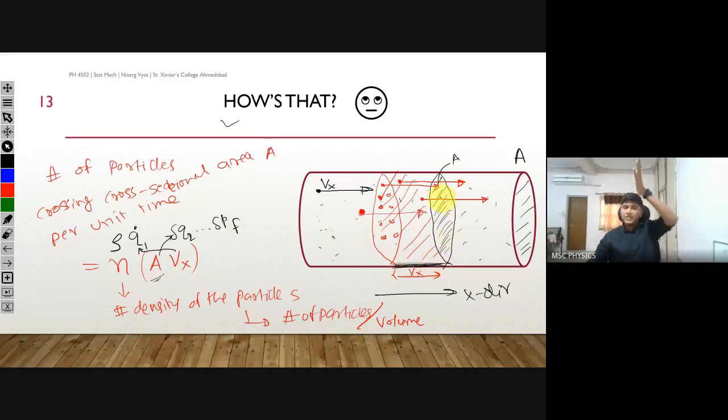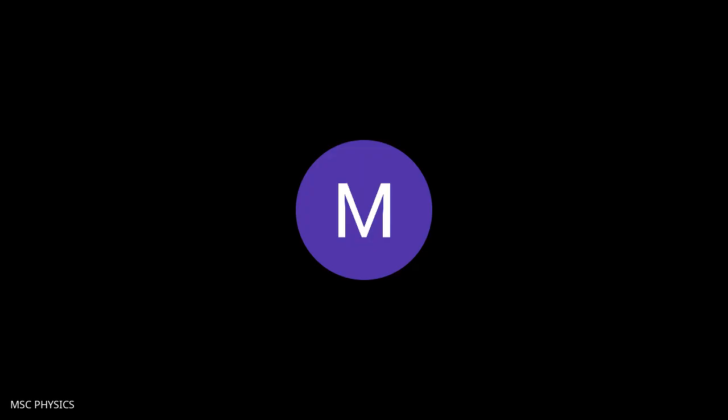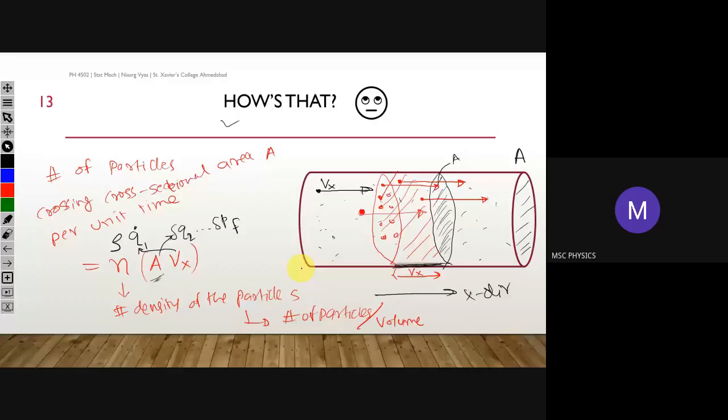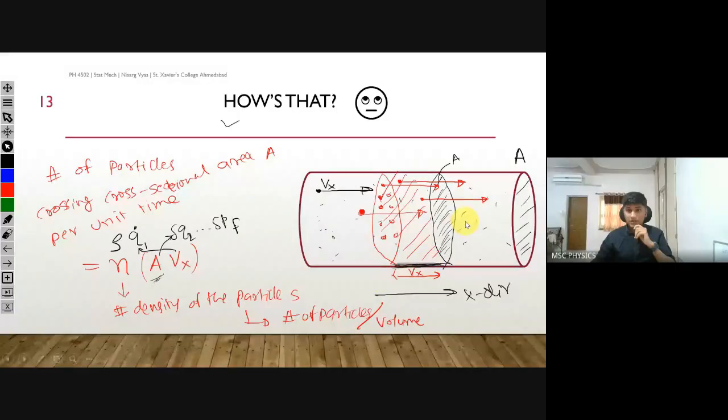The area is entirely made from the other dimensions. In this dimension, there is no component of area. If the particles are crossing through some cross-sectional area, the particle's velocity in that direction will construct a volume.